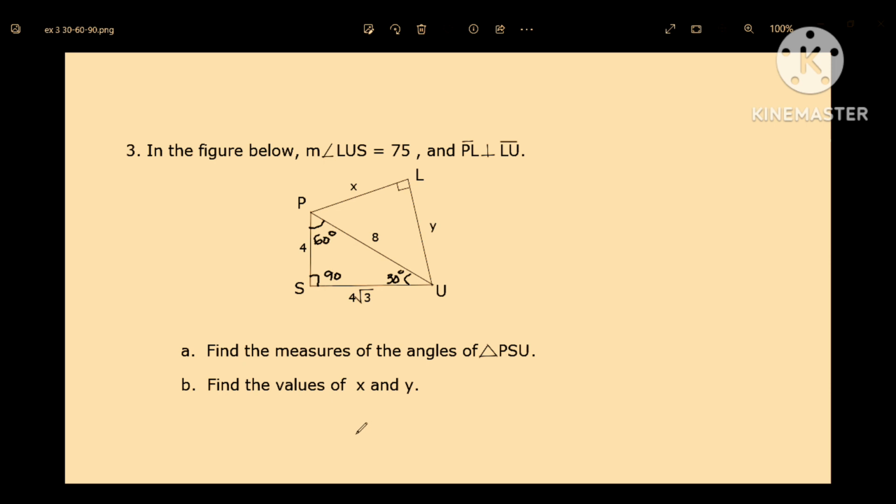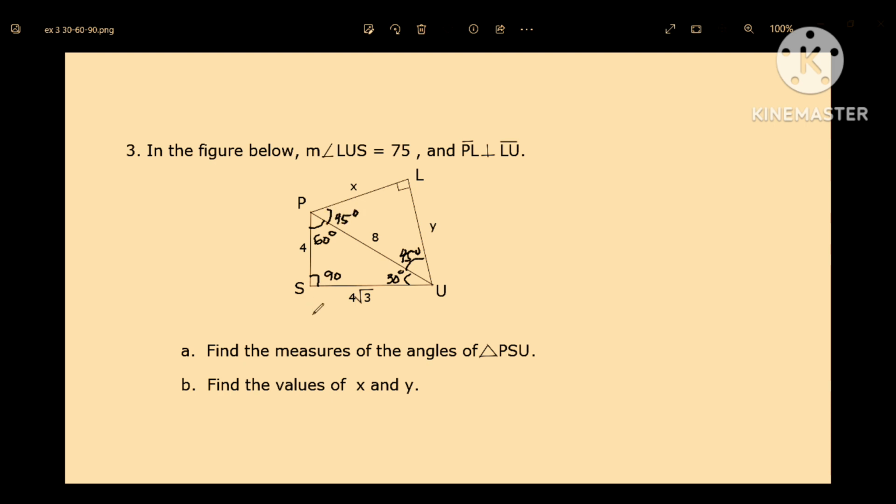Now, for letter B, find the values of X and Y. So, to get X and Y, we need to find the angles of LUP and LPU. Okay, so since the measure of LUS is 75, that makes angle LUP equal to 45, no? So if this is 45, this is also 45.